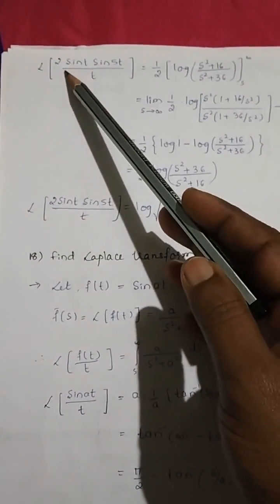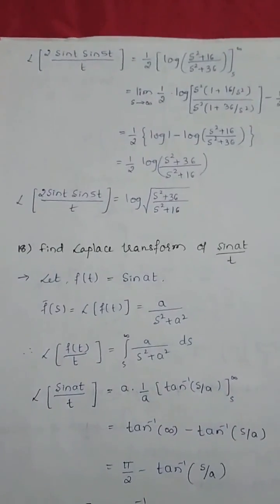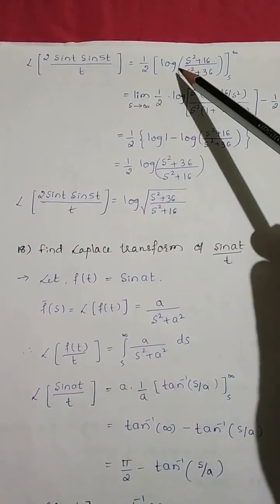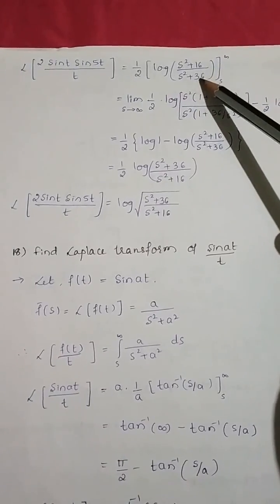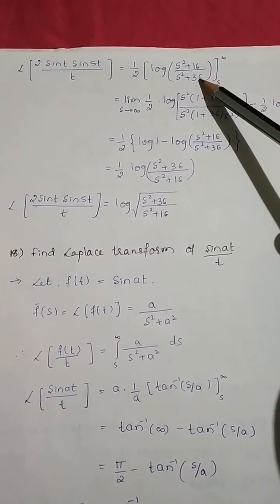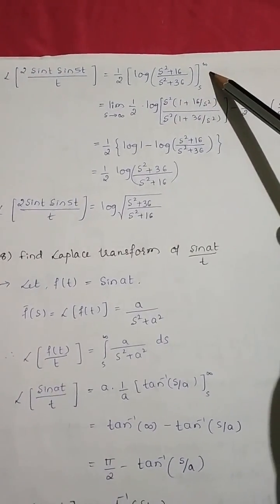Next, the Laplace transform of 2 sin t sin 5t upon t is equal to 1 by 2 into bracket log of s square plus 16 upon s square plus 36, where we applied the law of logarithm, between the limits s to infinity. Next, we apply the limits infinity and s.